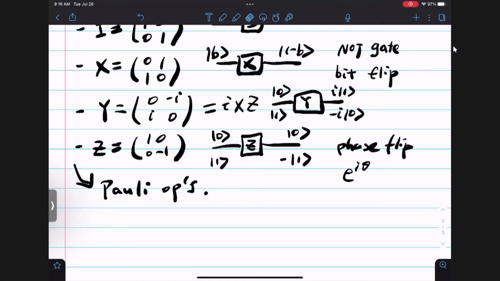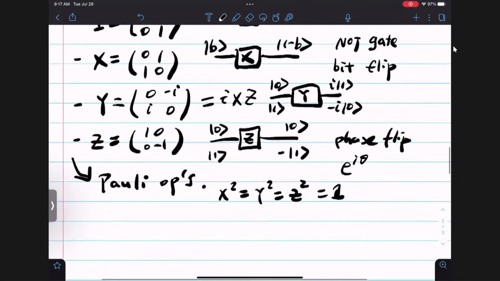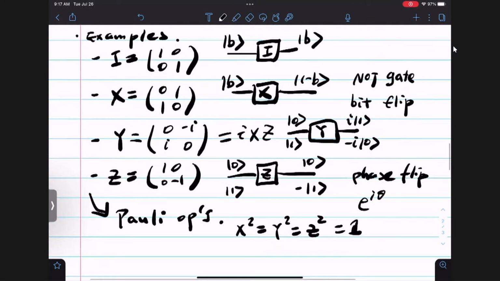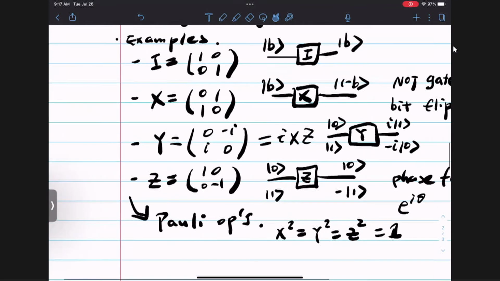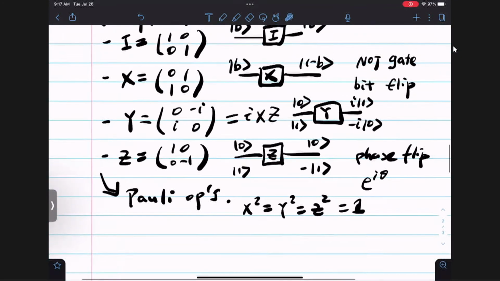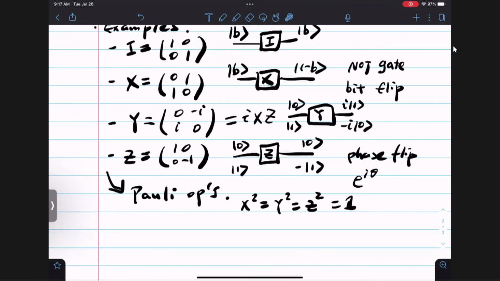And maybe one interesting property I should mention is that the square of each goes to identity. You can verify what I said, that this operator does what I told you, just by doing your matrix multiplication.